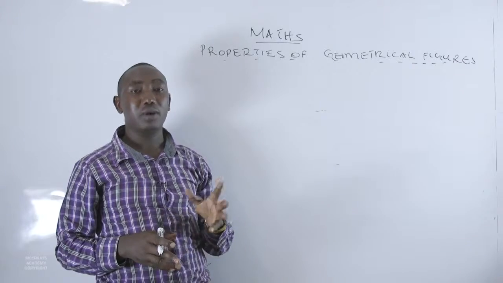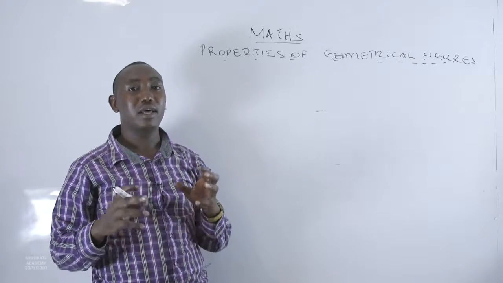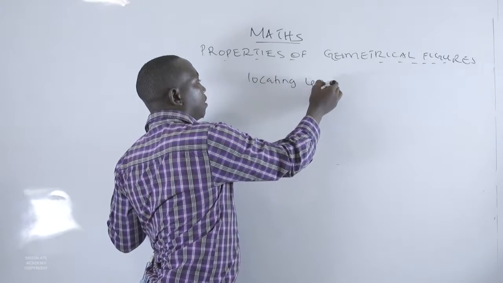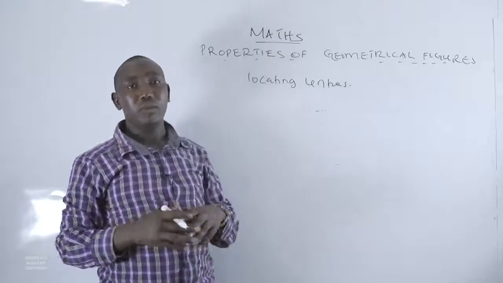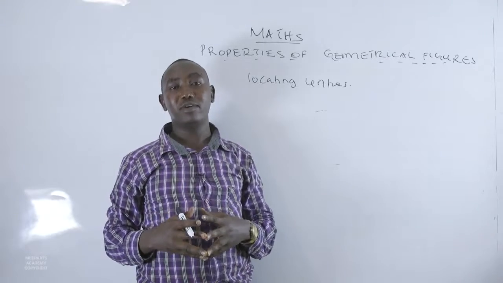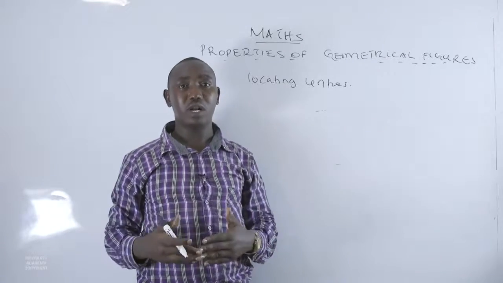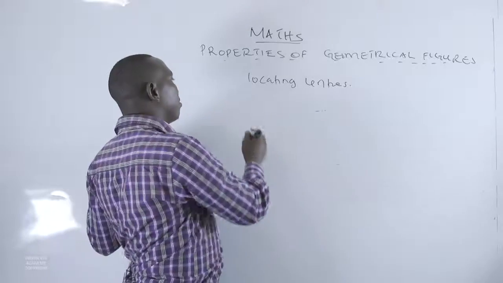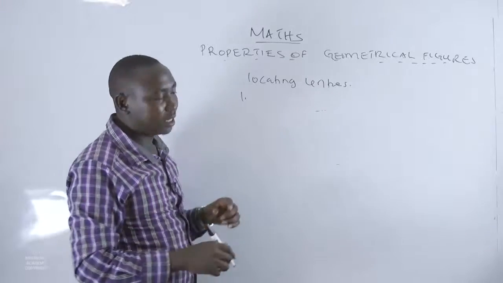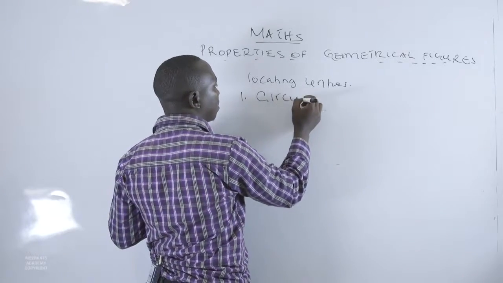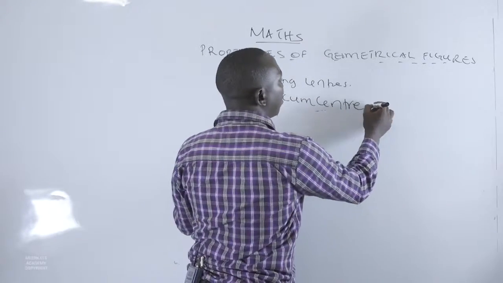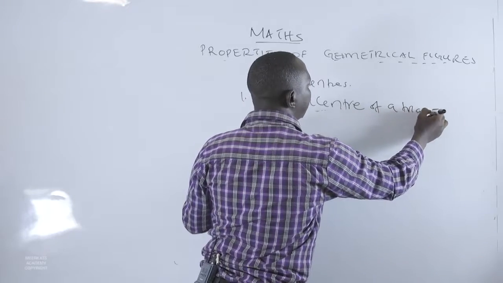The most important applicable area is on the centers, or locating centers. And it will be appreciated if we mention the different types of centers that we do have, and maybe just mention how they can be constructed. Now, the most common type of center that's normally constructed is the circumcenter of a triangle.